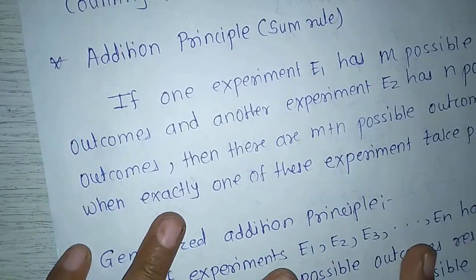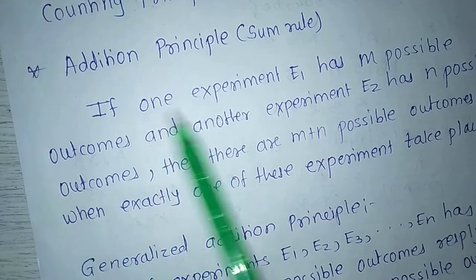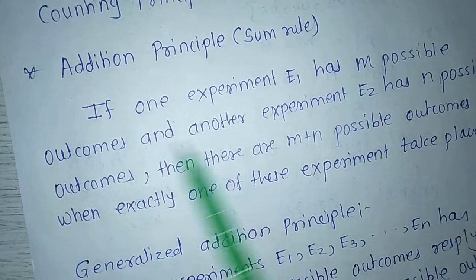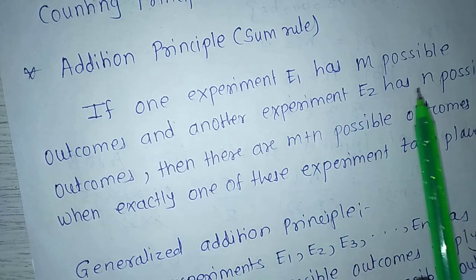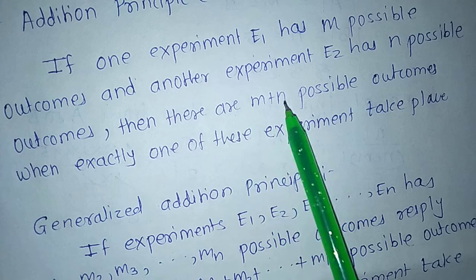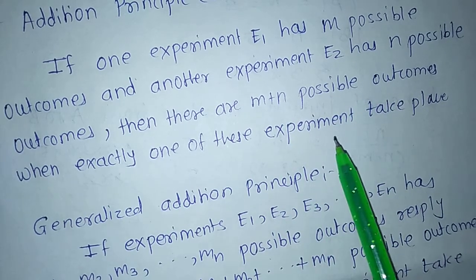Next, counting principles. First, the addition principle, which means the sum rule. If one experiment E1 has m possible outcomes and another experiment E2 has n possible outcomes, then there are m plus n possible outcomes when exactly one of these experiments takes place.